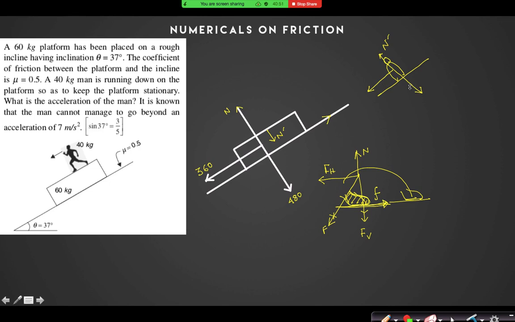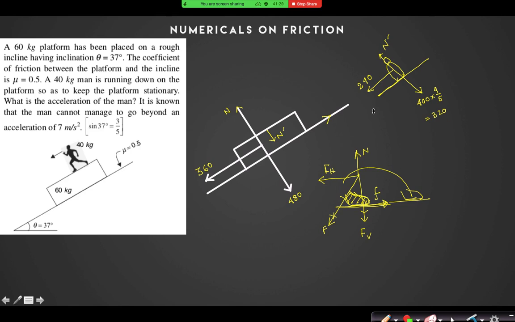What is 400 cos 37 degrees? It is 400 into 4 by 5, so that is 320. And what is 400 sin 37 degrees? 240 Newton.